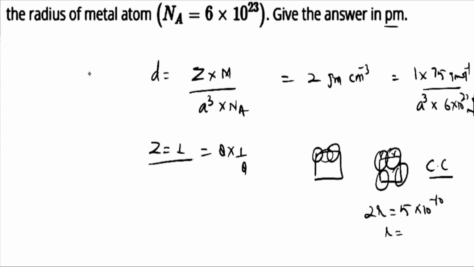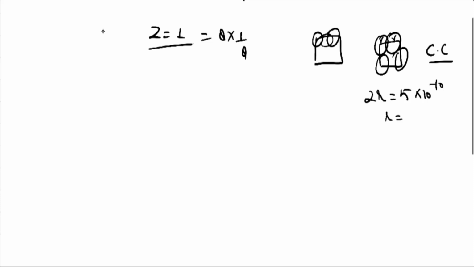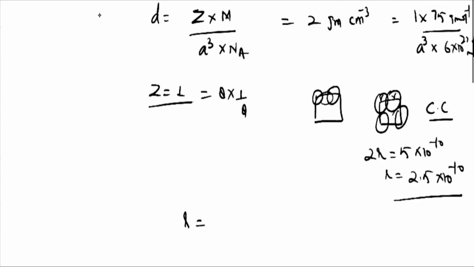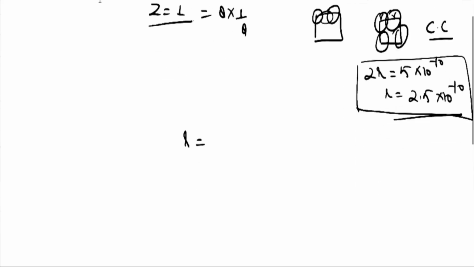So radius is 2.5 into 10 raised to the power minus 10. We have to find the radius of the atom only, so there is no need to go into this formula. We will go with this only.